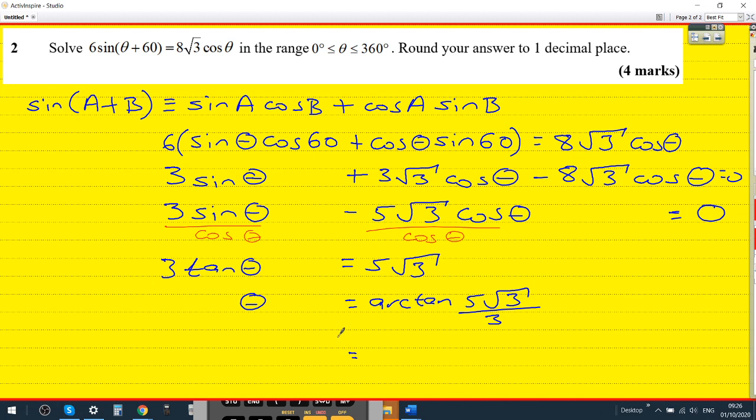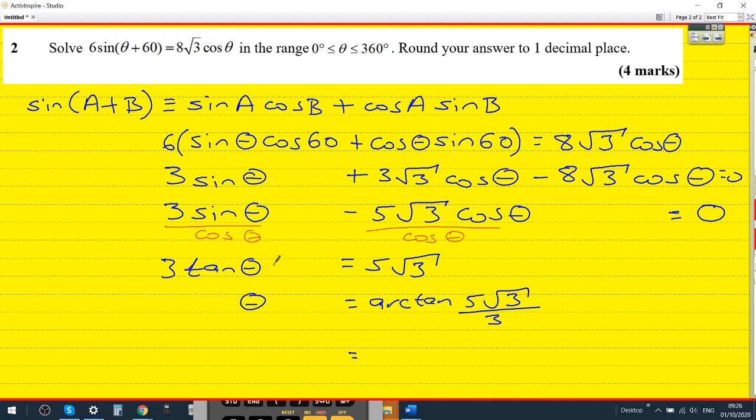And then try to put that into my calculator. For some reason, I sort of forgot how to do solve in my graphical calculator.